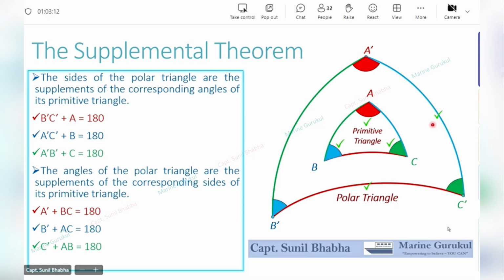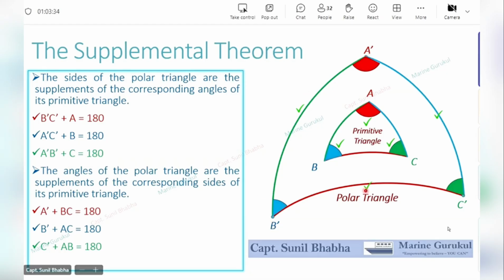You can see this green tick mark coming here. And likewise, angle C of the primitive triangle plus side A'B' of the polar triangle also add up to 180. It's mentioned here. So 180 minus C will give us side A'B' of the polar triangle.